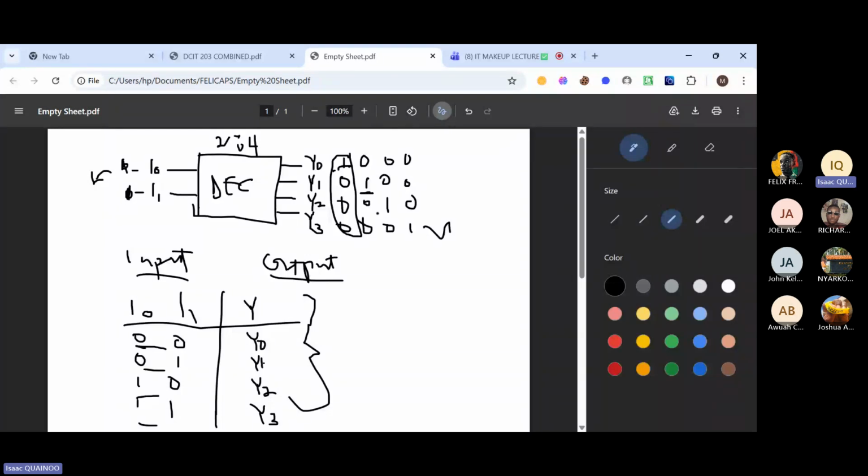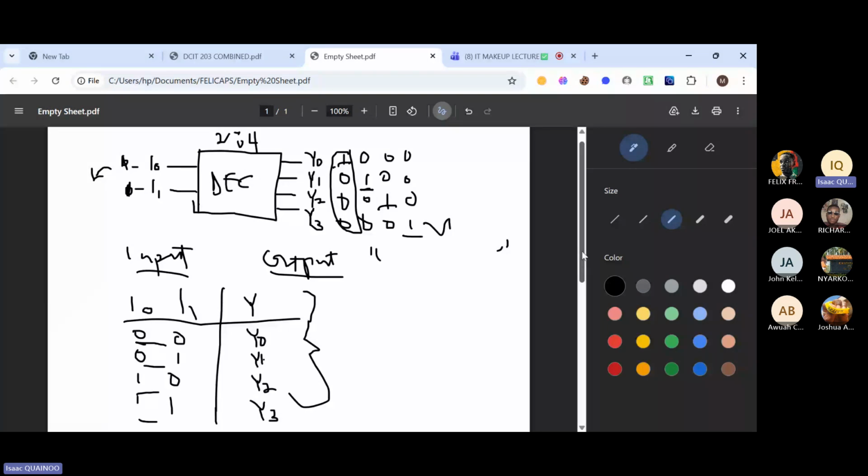When the input became 1 0, which corresponds to 2, only Y2 became high, everything else was low. And when the input became 1 1, only Y3 was high, everything else is low. So from this, we can establish the concept that for any given input combination for a decoder, only one output will be high at a time. All right, so we can proceed with that.